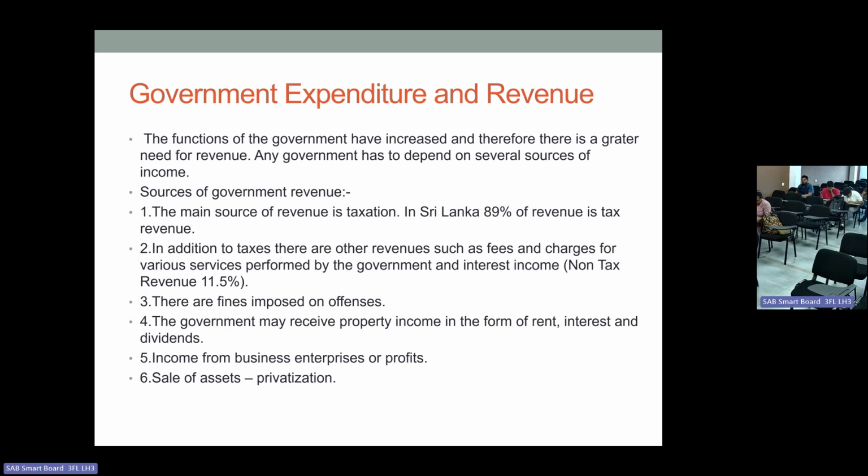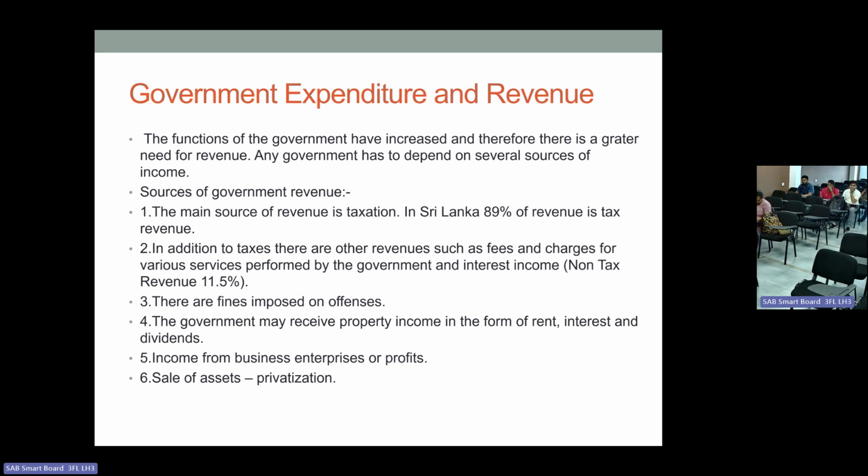For that, the government must earn revenue. There are different sources of revenue, namely tax and non-tax. The tax comes from different taxes. You need to look at that kind of report to get some idea about the tax structure.